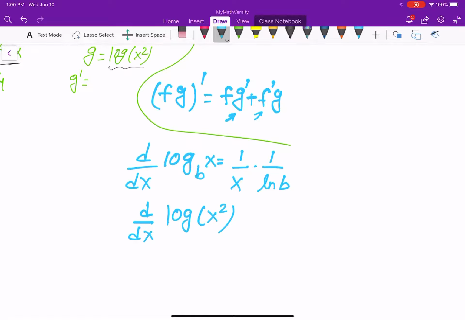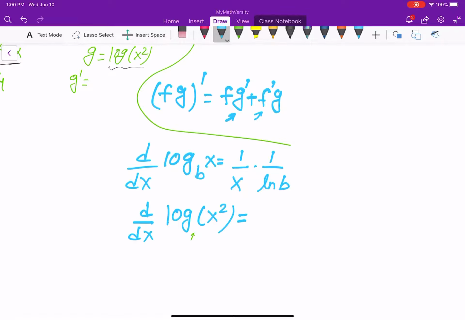According to the formula, we need to know what is the base of this logarithmic function. And if you don't have anything over here, you know that this is actually base 10. So that's why b is actually 10. So keep that in your mind.